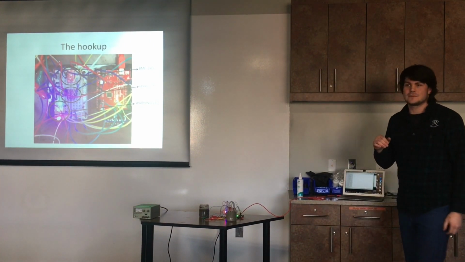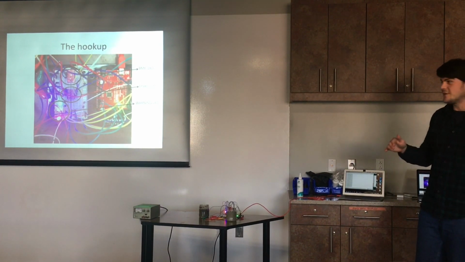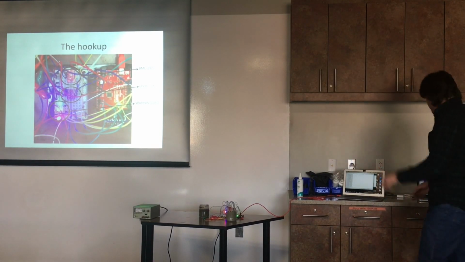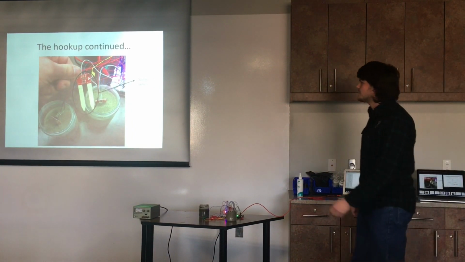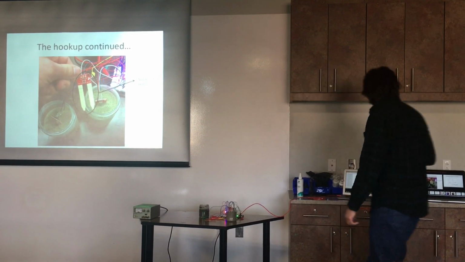If you get below 25%, they'll turn on. If you get above 25% soil moisture, they'll turn off. I'll demonstrate that in a second, but this is what the soil moisture sensors look like when fully hooked up. There's a lot of soldering.